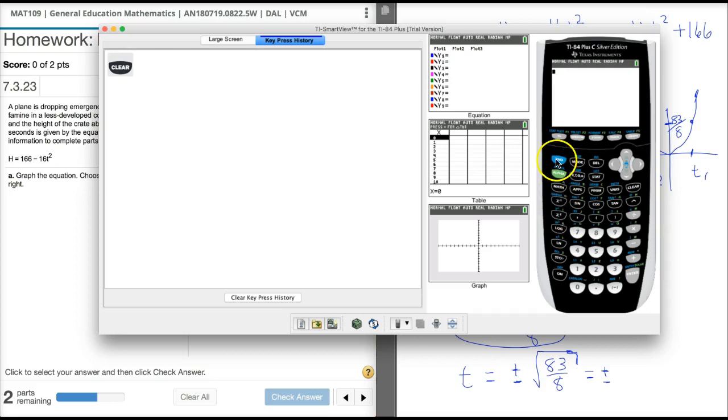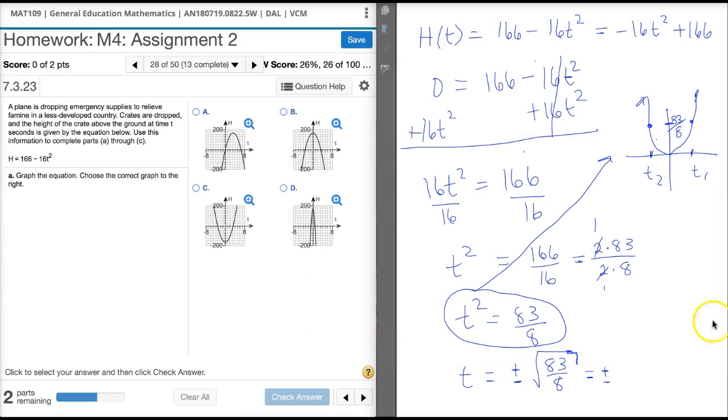Above it we have a square root, so we have to do blue, that, and then we will have 83 divided by 8. Move the arrow out, and so you see that we roughly get about 3.221. Okay, so I'm going to minimize that.